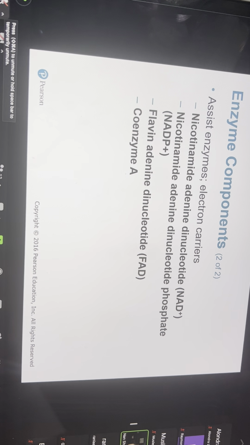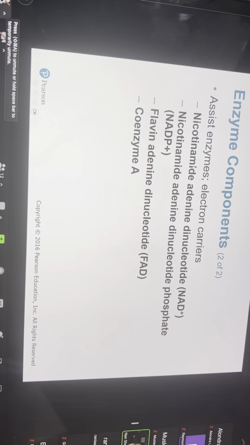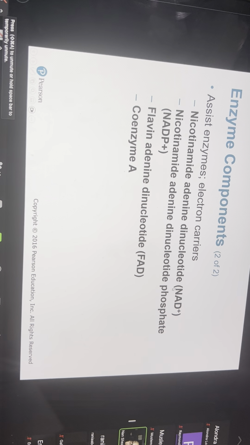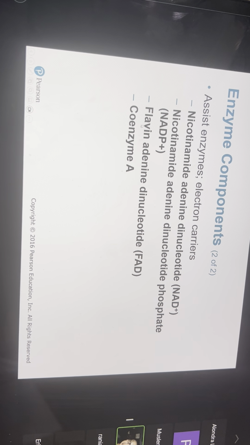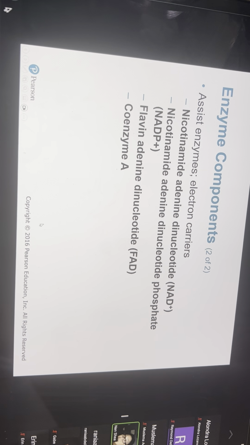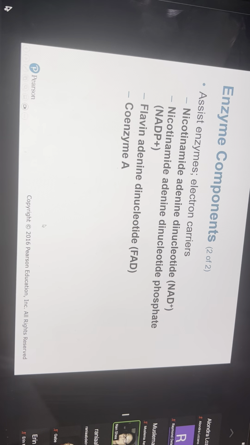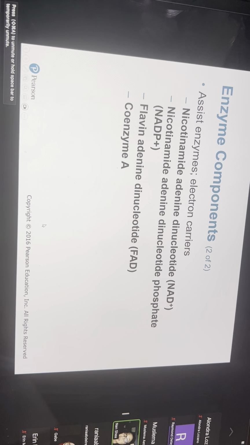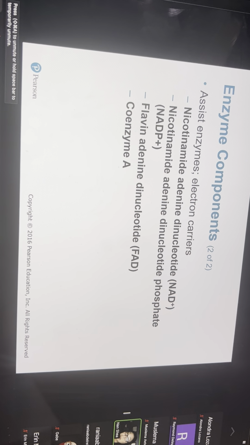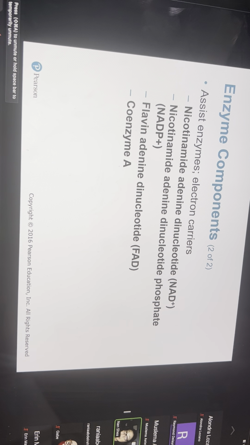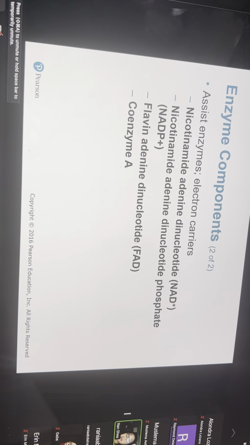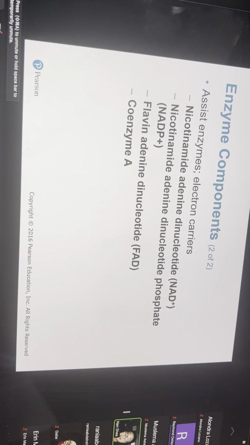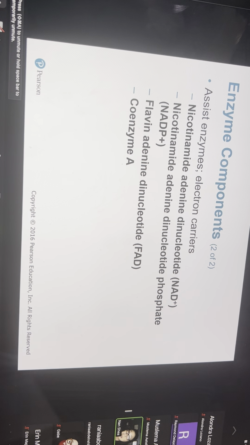And you guys know, a change in pH will mess with the enzyme activity. So we are lucky we have these guys: NAD+, NADH, FAD, NADP, and coenzyme A. All of these act as coenzymes. They not only make the substrate fit the active site better, that's why we have acetyl-CoA, but they also help carry away the electron and hydrogen.